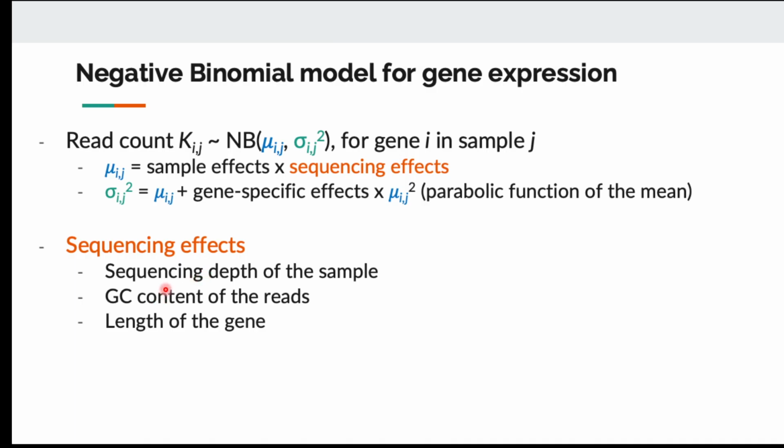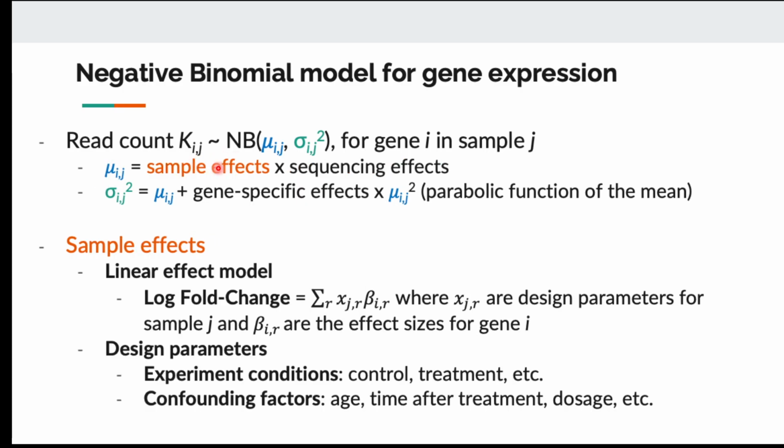The GC content of the read can bias the amplification, the PCR process. And the length of the gene, we know that a longer gene produces more reads. So basically it's going to apply those principles inside the tool, but they're principles that we already understood. So this is the sequencing effect that can change the average expression.